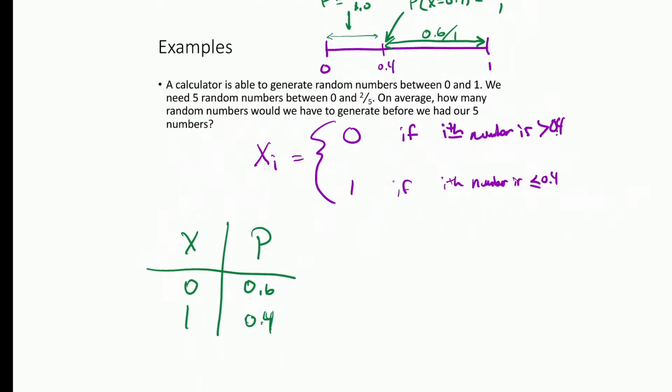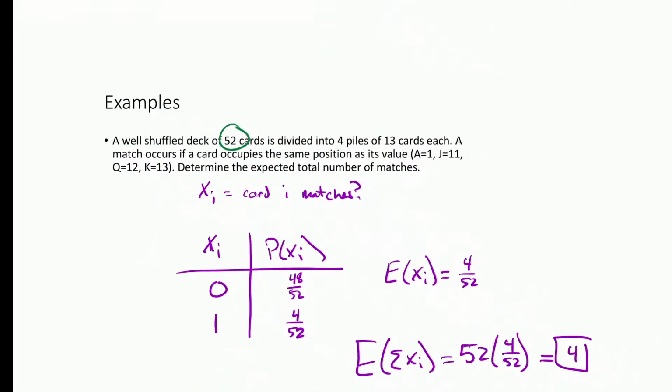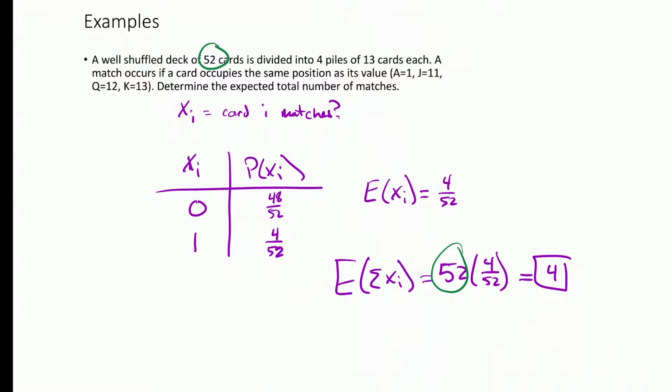Now, here's the hard part. We want to know on average how many of these numbers I have to do. I goes from 1 to n, and I don't know the n. Up here I knew the n: it was 52, I was adding up 52 of these.